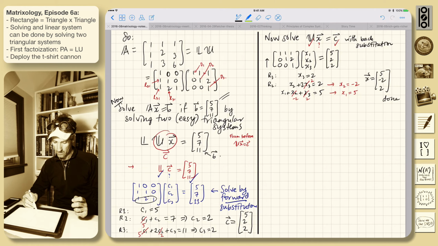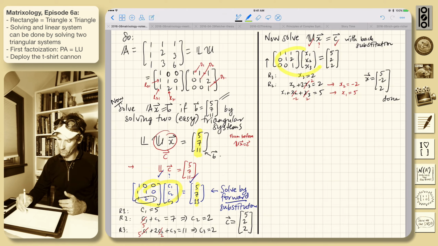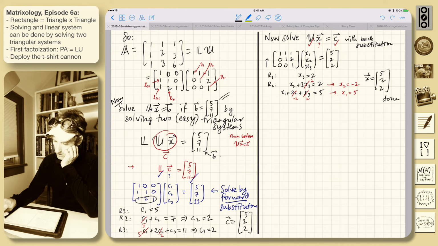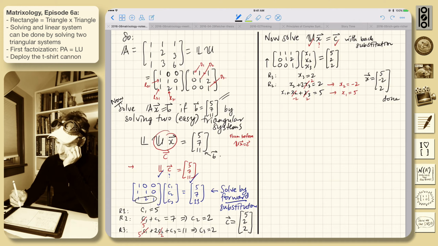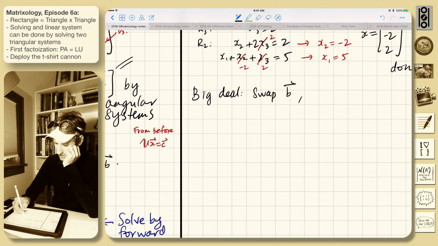If you want to swap in a new b here, just do it, and you go back here and you'll solve this triangular system, get an answer, and then solve this triangular system. No more row reduction, right? So the row reduction is done. Big deal. Swap b, easy to solve.